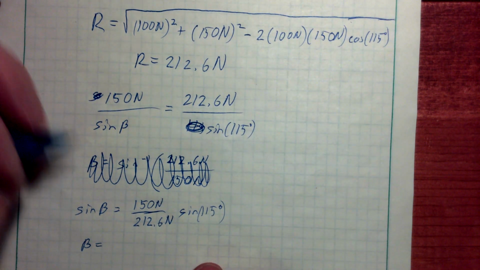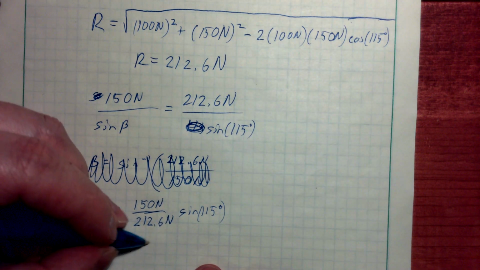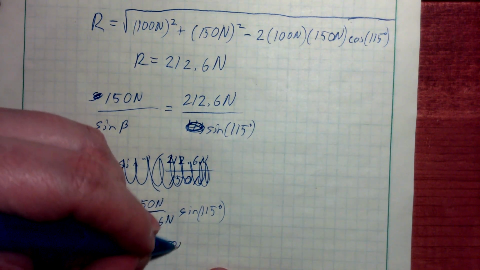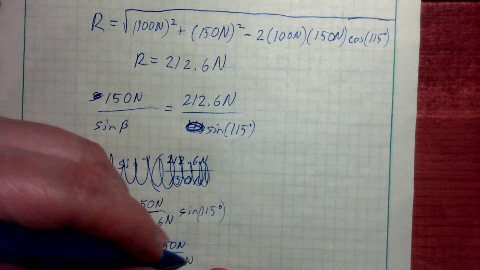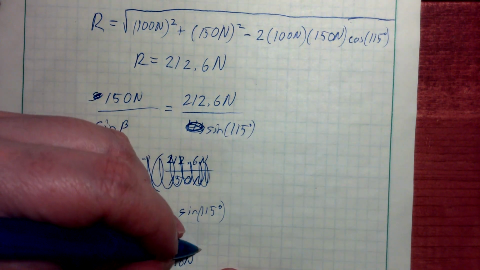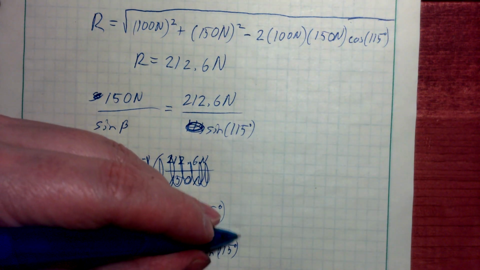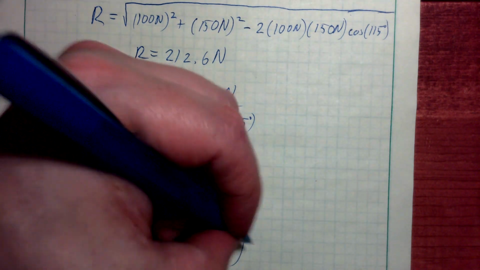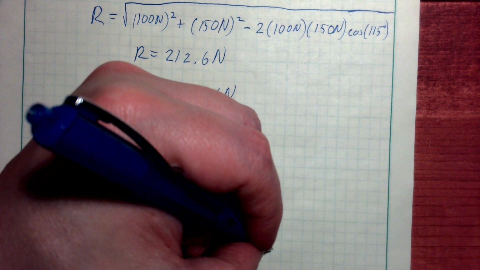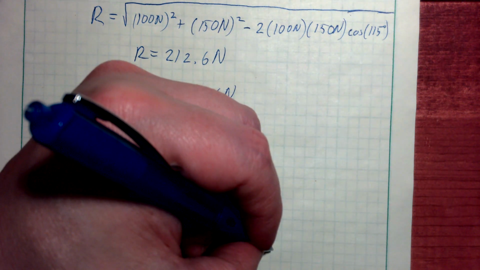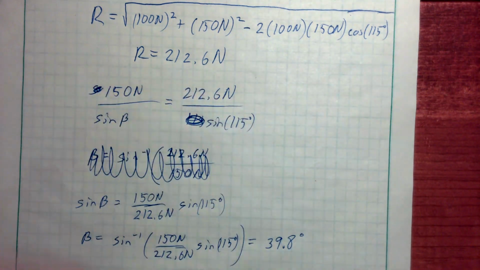I'll make a mistake. That's okay. The inverse sine of 150 newtons divided by this 212.6 newtons, also times the sine of the 115 degrees. So, if you run through these, I'm getting that is 39.8 degrees.